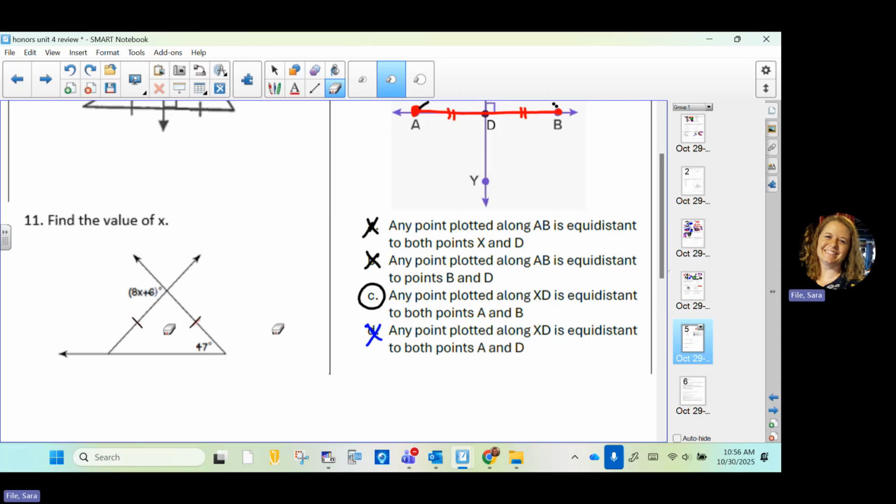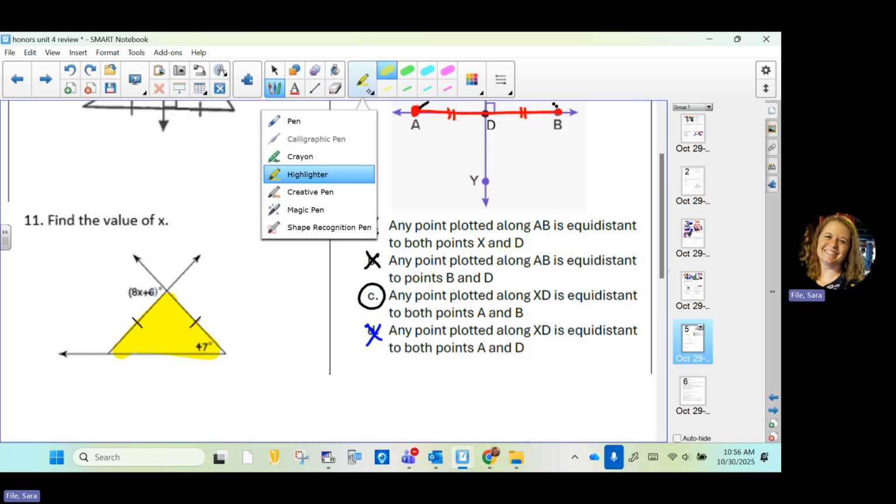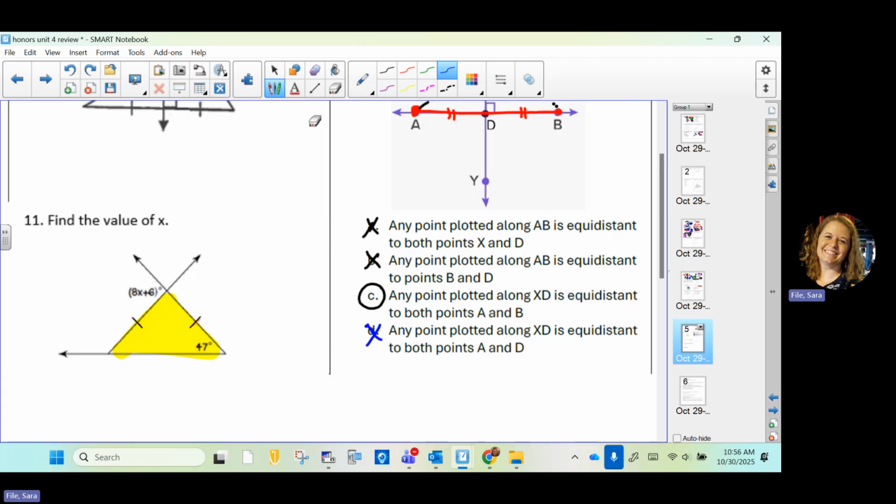All right, what type of triangle do you see here? What part of the triangle is congruent? Two of the sides, so it's isosceles. I heard somebody say it. Okay, if you have two sides congruent, you have an isosceles triangle. And what you need to remember about isosceles triangles are that the legs are these sides that are congruent.